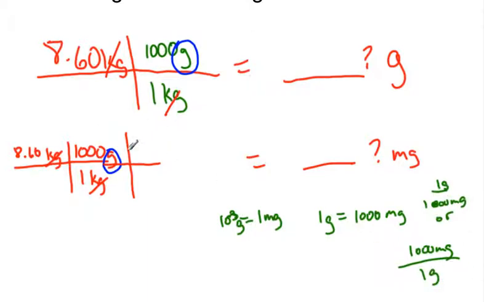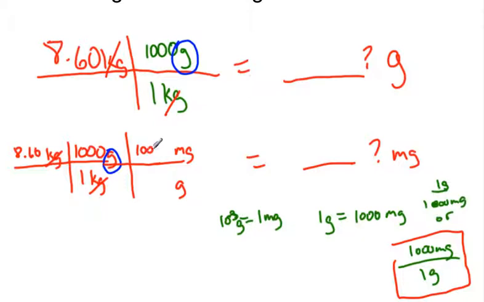Now let's look at how we need it. I have gram on top right here, so I want to cancel that gram out. To do that, I need to put the ratio in where grams is on bottom, and I want milligrams on top. Which ratio has that? No, grams on top here. I don't want that one. I want this one. I have milligrams on top. I have grams on bottom. So I'm going to put that one in.